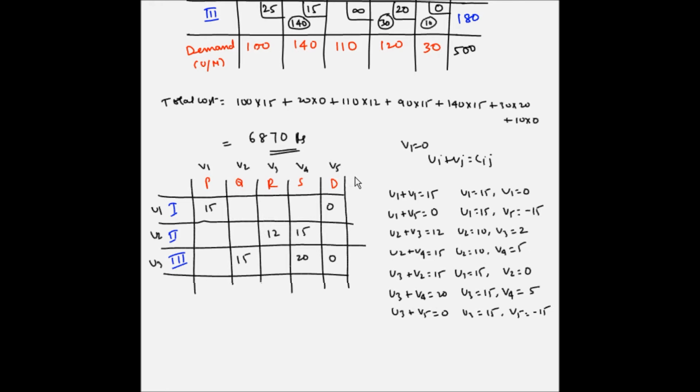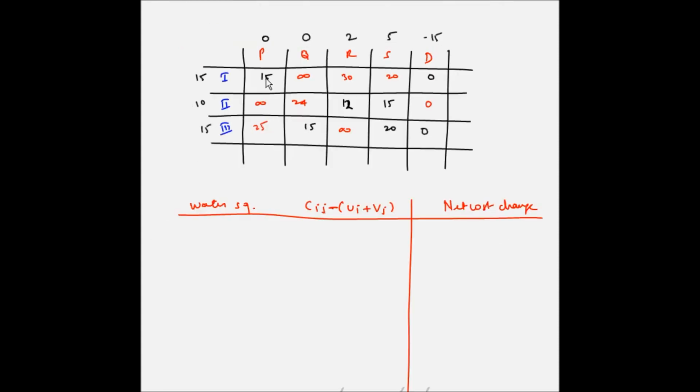After we have found the values of Ui and Vj, the next step is to calculate the net cost change value for each of the water squares. So let's proceed to perform that step. In this matrix, I have placed the unit cost value of the stone squares in black color and the unit cost value of the water squares in red color.